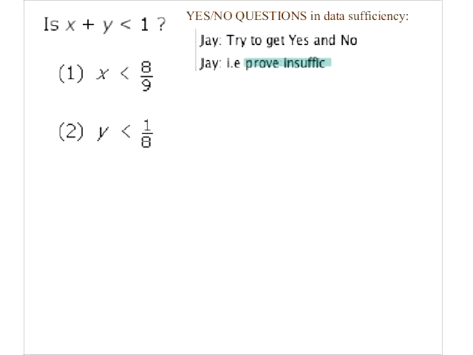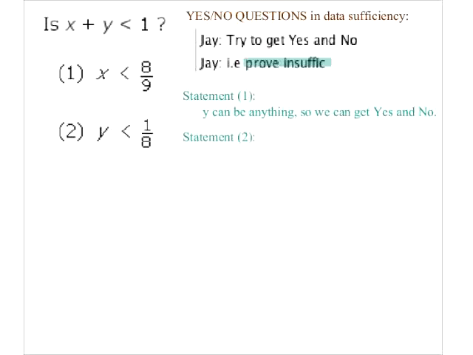Well, can we get a yes here? Well, let's look at statement 1. Individual statements, you can get rid of those pretty quickly here. Statement 1, y can be anything, so we can get yes and no. Same sort of thing with statement 2.